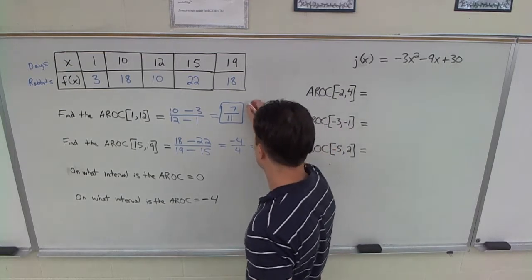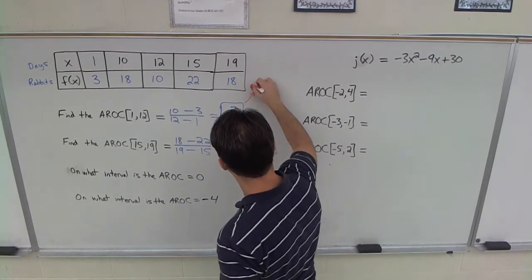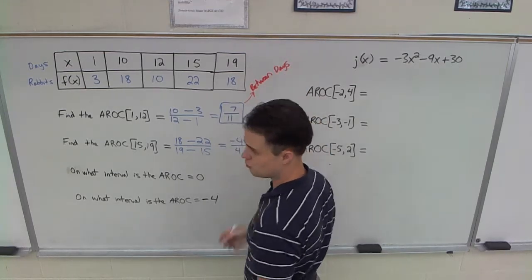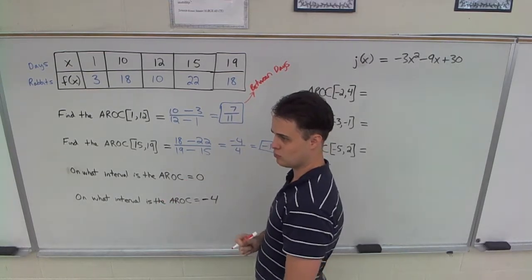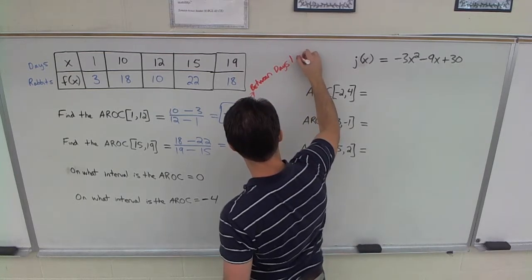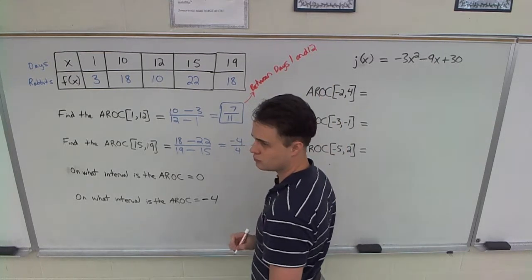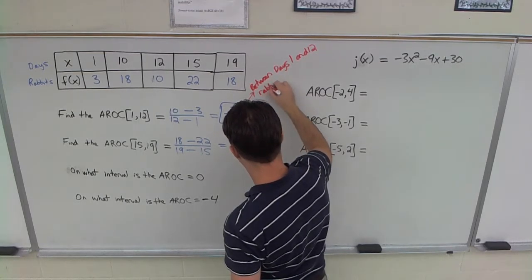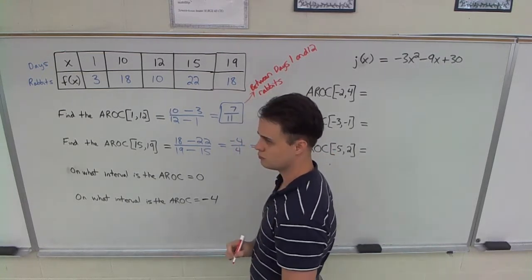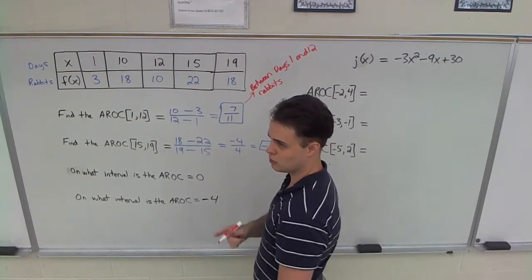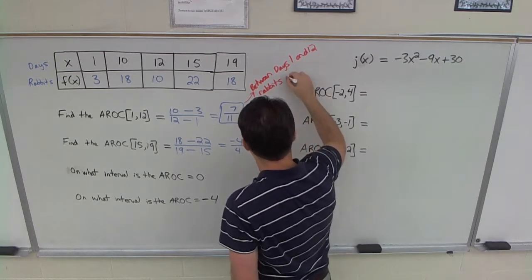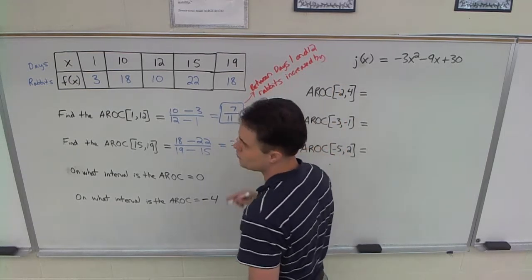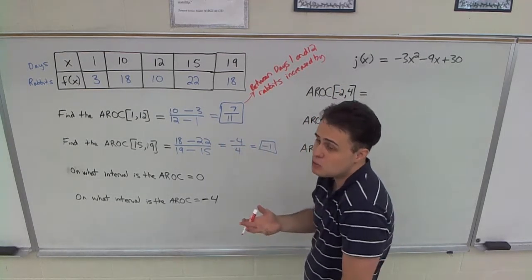So this says between days 1 and 12, rabbits did what? Increased or decreased? Increased. Gained, something like that. Any of those words are fine. Increased. And this number specifies how much that increase is. That's what you're doing here.